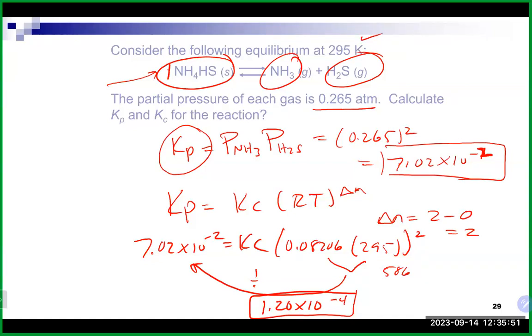For delta n, are we just looking at the sum of the moles of the products minus the sum of the moles of the reactants? Yeah, basically the total moles of all the gases on the product side minus the total moles of gases on the reactant side. In this case, we basically have 2 separate gases. In a previous one, maybe we had 2 together with the coefficient, so you do have to take the coefficient into account.